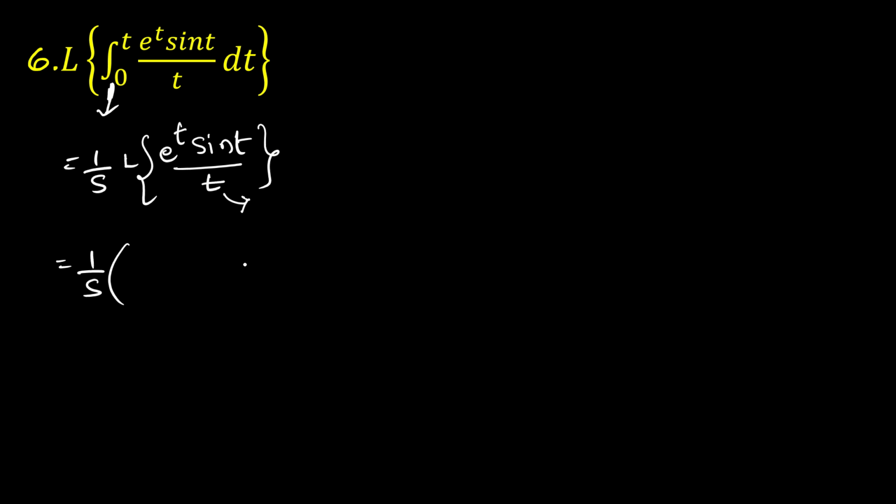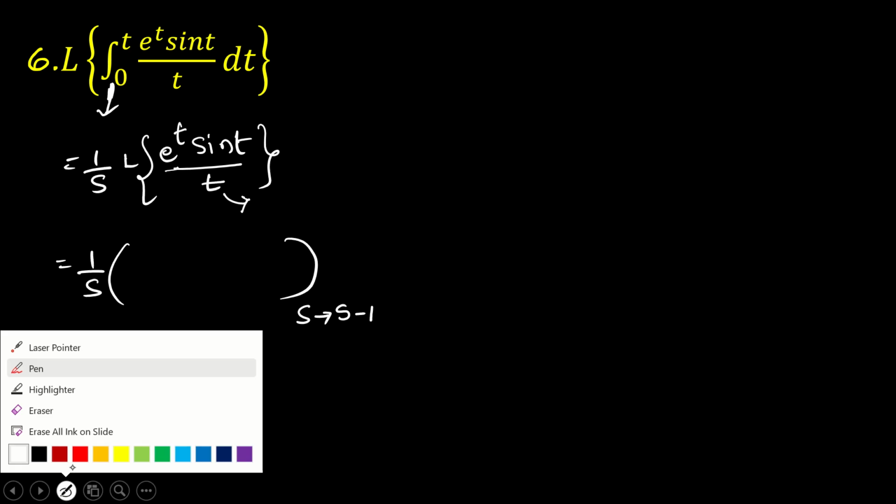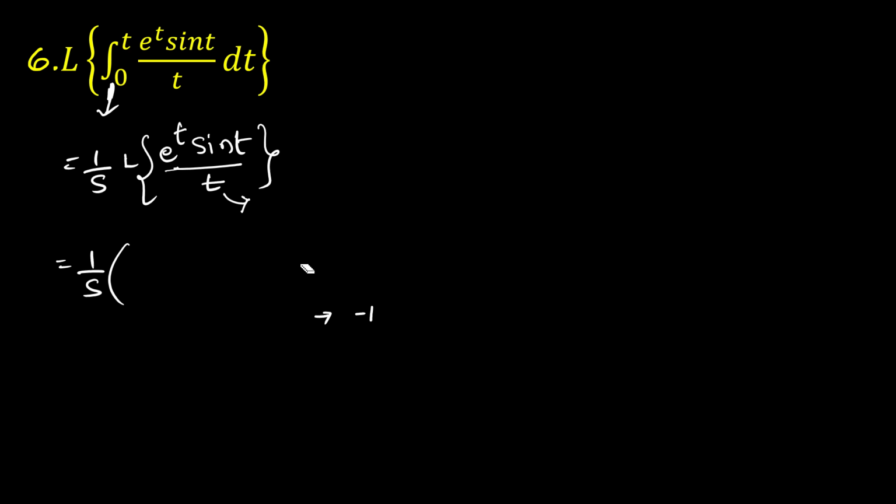To remove this exponential form, apply the first shifting theorem: s changes to s minus 1. Then the calculation will be easy. Clear? So the Laplace transform of your entire function, division by t. Or we can apply division by t first, no issue.